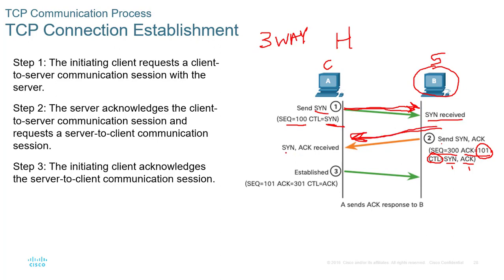The client gets that SYN-ACK, synchronization acknowledgement, and then it acknowledges the acknowledgement. So it goes ahead and says, okay, we're going to establish the connection. I'm sending byte 101. I've received your sequence number 300, and I'm ready for 301 from you. And I've set the acknowledgement bit to 1 in the control field.